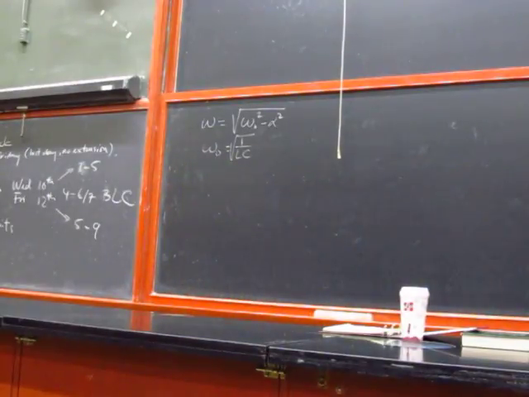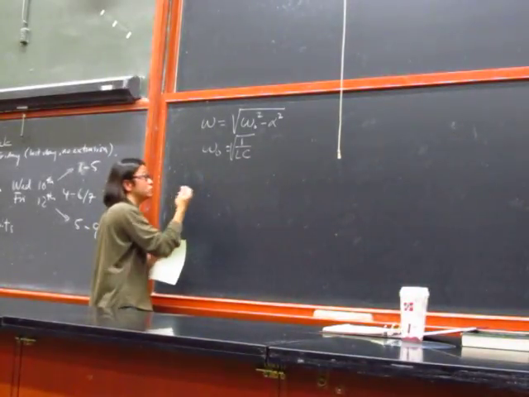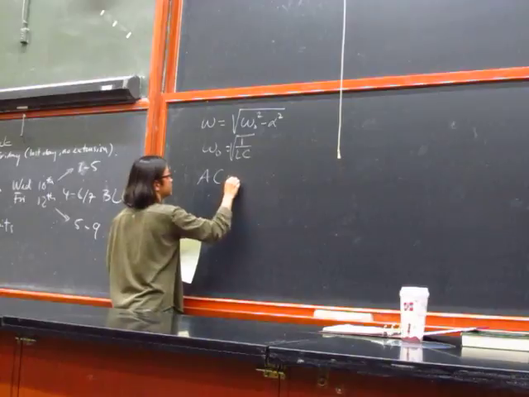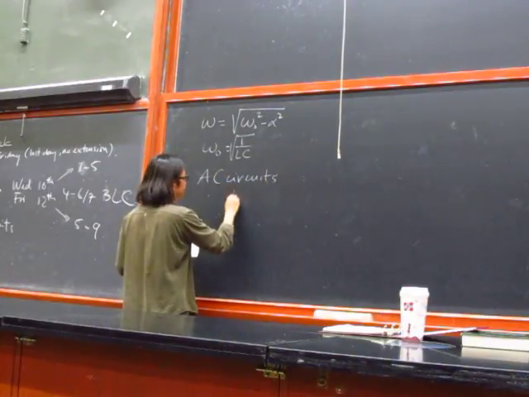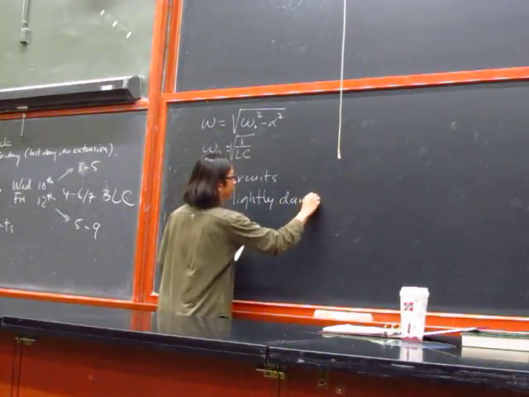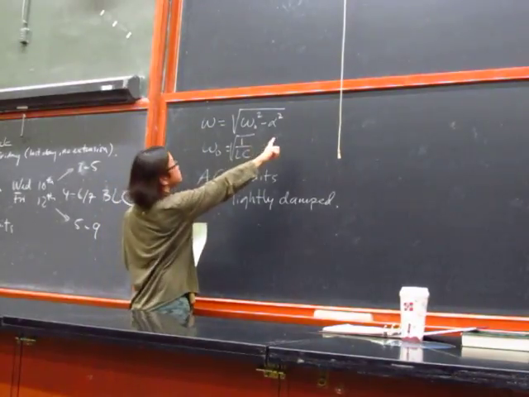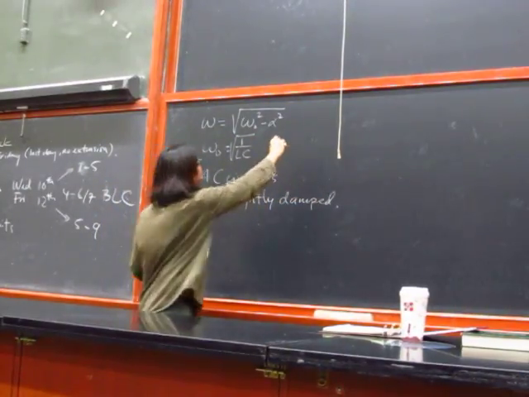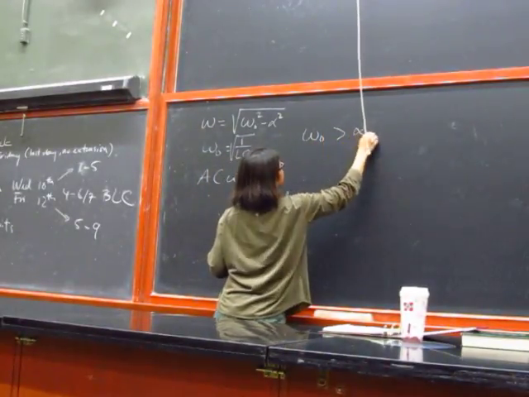In general, at least in this case, or in most cases of interest in AC circuits, you have a situation that's slightly damped. What does it mean? That solution is only true if omega naught is actually greater than alpha.